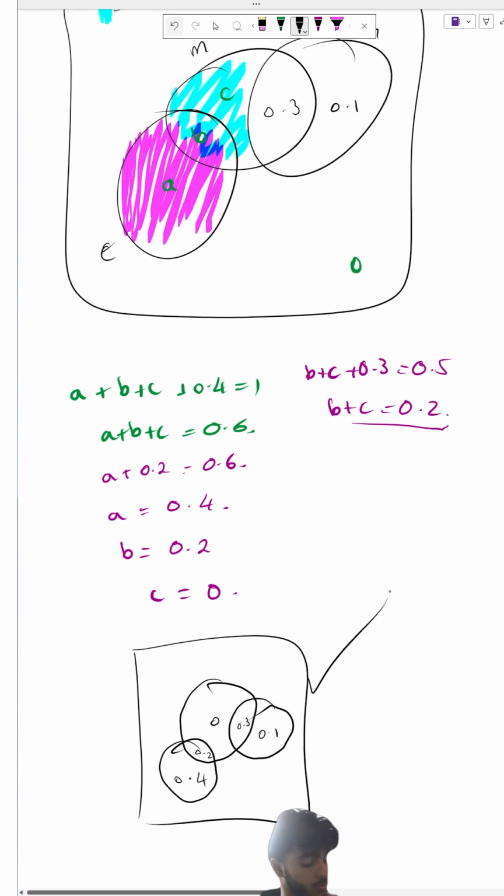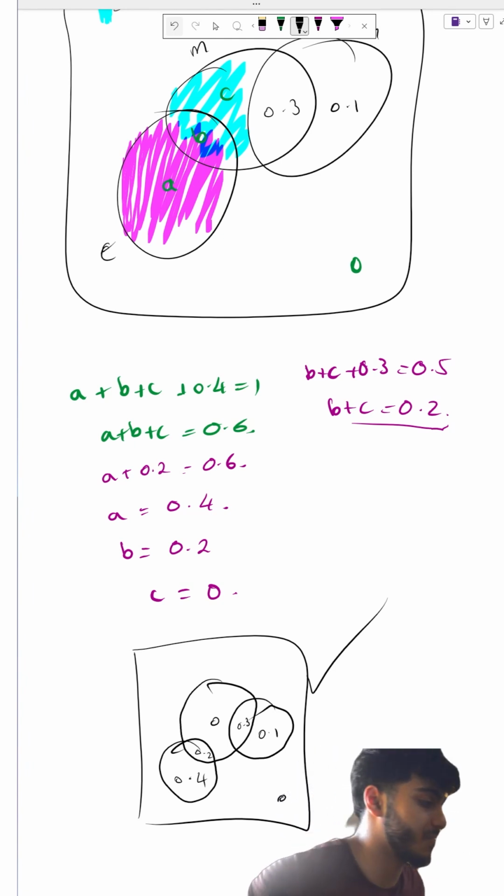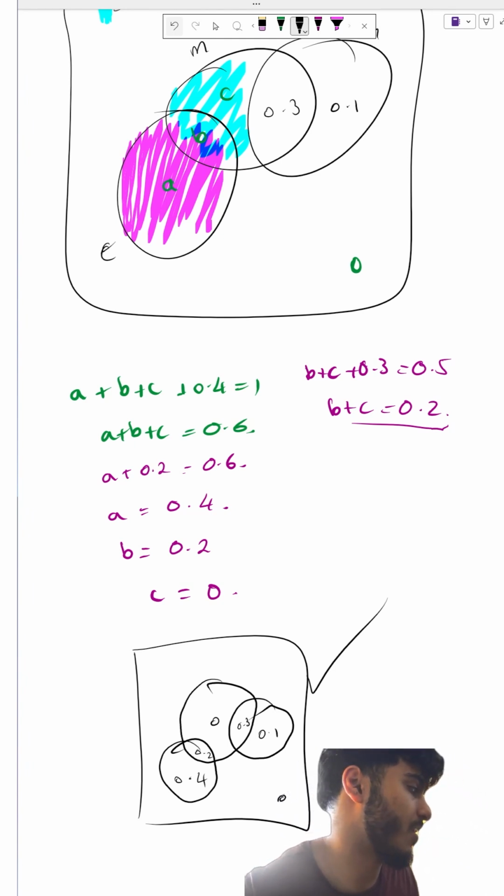Happy days. That's 0 on the outside as well. Too much thinking. You know what? That's me doing maths, proper maths, after however many months.